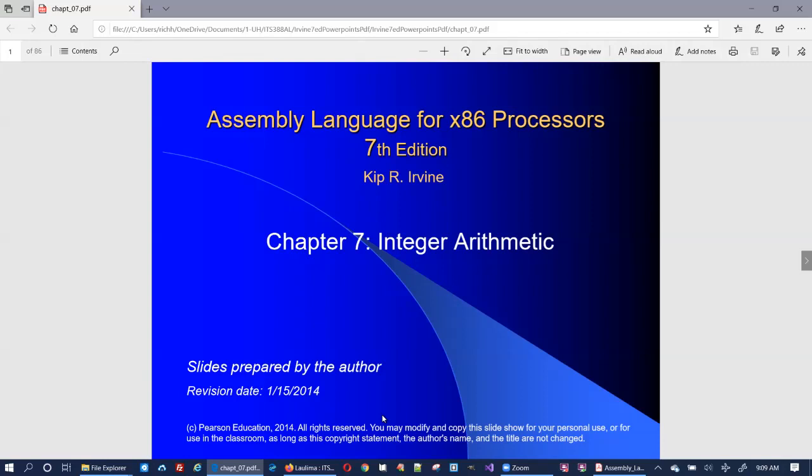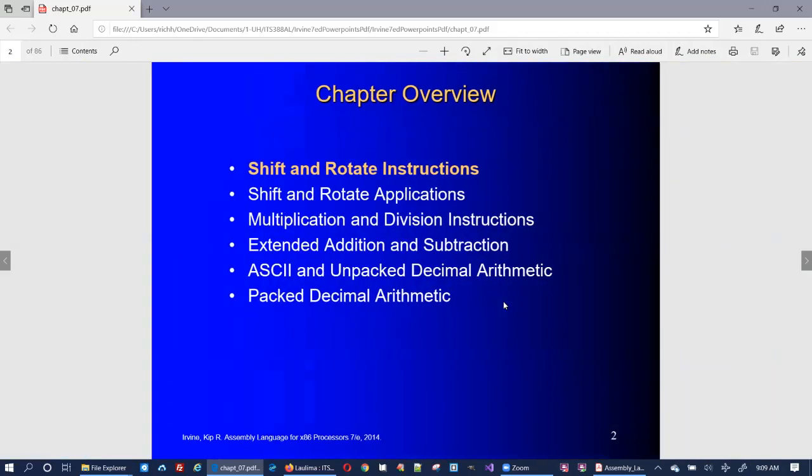We're in chapter 7, integer arithmetic. In this chapter, we're going to cover shift and rotate instructions, some applications, and multiplication and division instructions. That'll take us up to the point where we can do the assignment. The assignment is a modular arithmetic problem where we're finding the greatest common divisor between two integers.